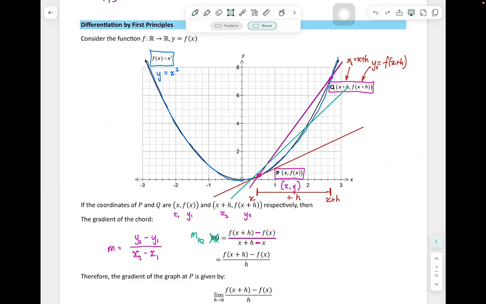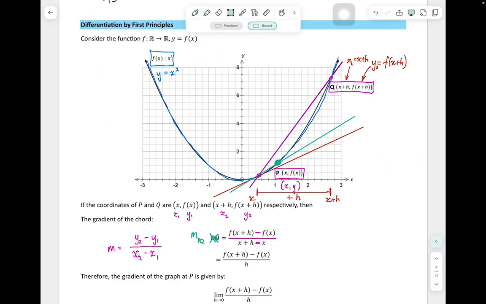If we move our point even closer, let's move our green point, our point Q, over to here. This means that the line going through would look like that. It's getting even closer to the red line.